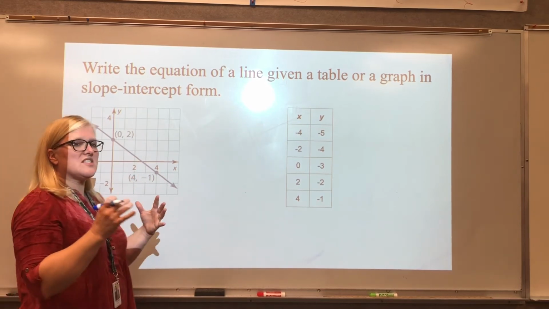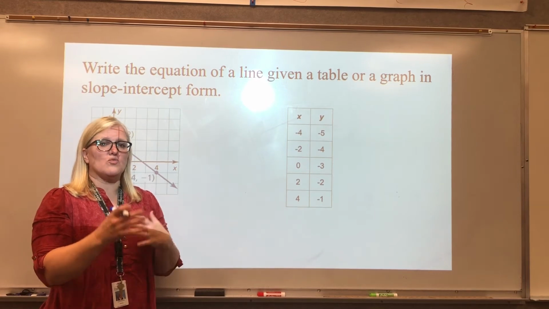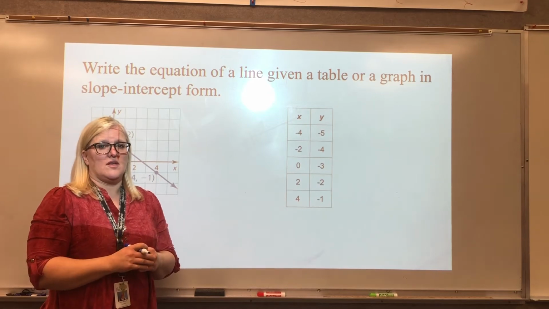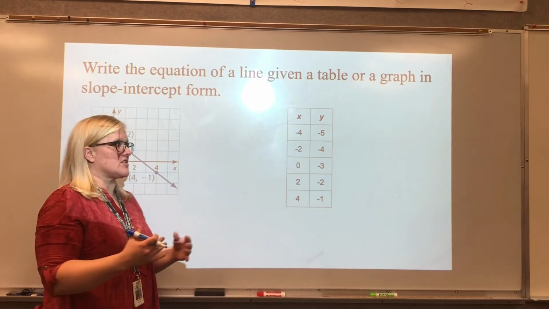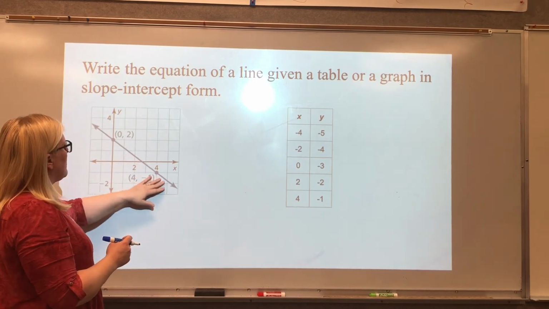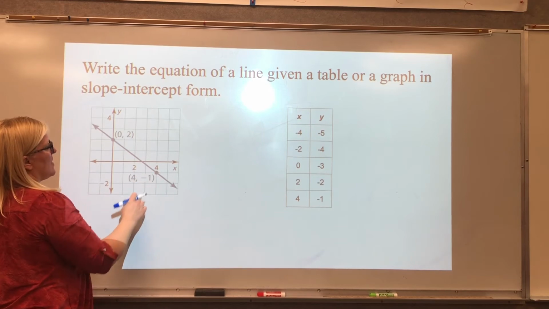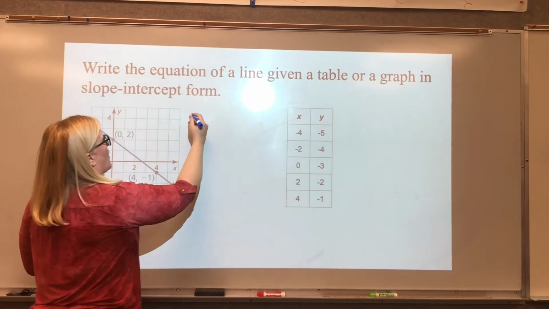And what you're going to need for every single one of these problems, in order to write an equation, you absolutely have to have the slope every time. So there's got to be a way to figure out the slope. So for here, we could just count it, but I'm going to use the formula for the slope, and I'm going to find it that way.